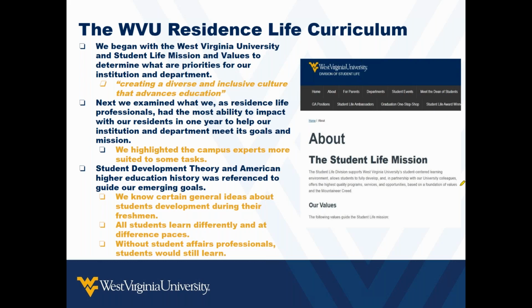And then I mentioned student development theory and American higher education history. For those of you that have gone through a higher ed administration program of some type, some things that assist the curricular approach are what we know generally about students during this time frame. We know that students are developing their identity at different speeds, of course, in different ways. Everyone learns differently.